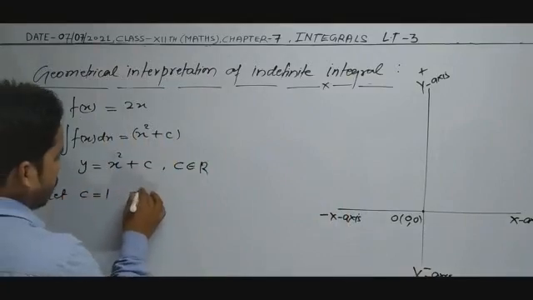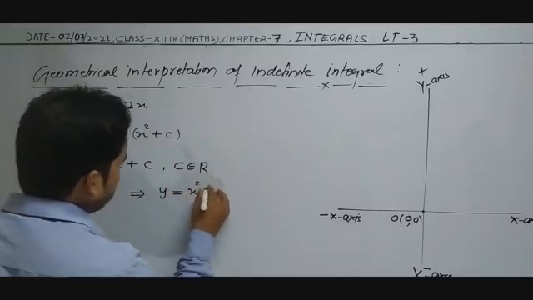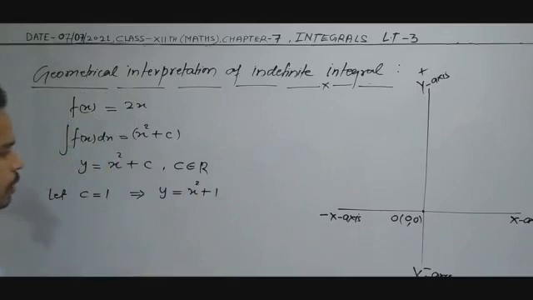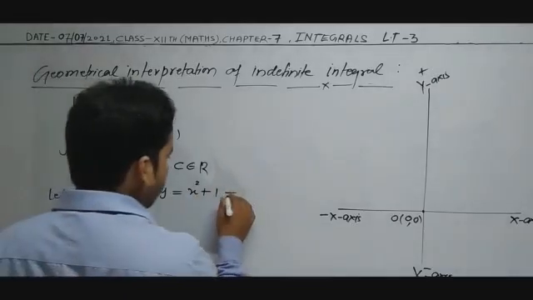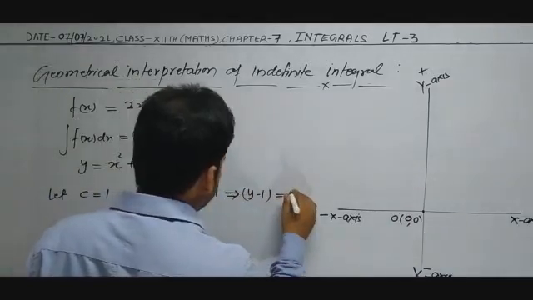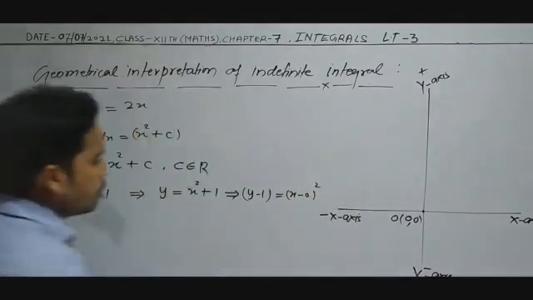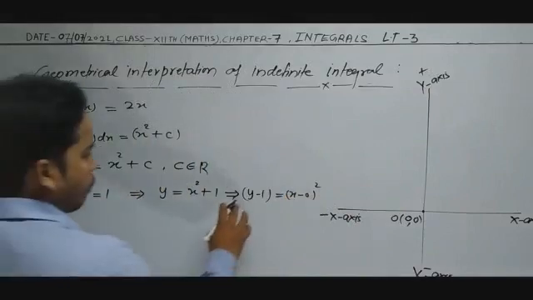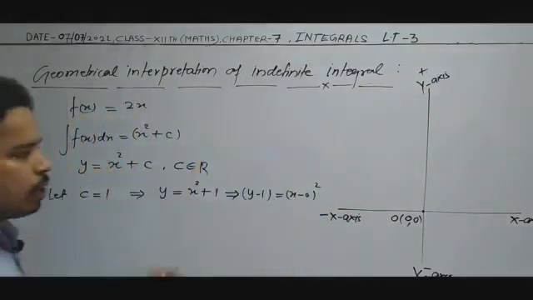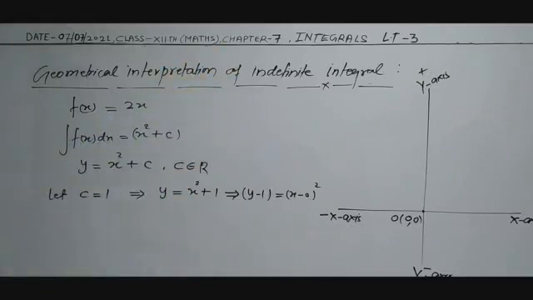When you put c is equal to 1, you will get y is equal to x square plus 1, and it will convert into y minus 1 is equal to x minus 0 whole square. So this is the standard equation of an upward parabola open in the positive direction of the y-axis, whose vertex lies at (0, 1).